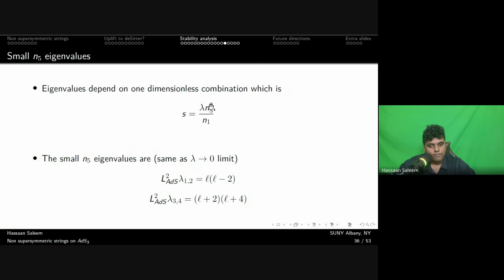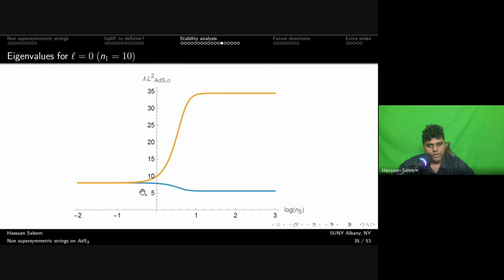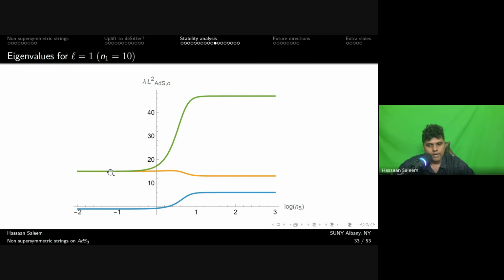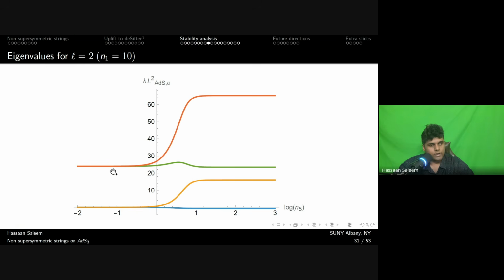So small N5 eigenvalues are the same as the lambda going to 0 limit. And you can easily write down what the eigenvalues are for the tree level solutions. The complication comes from the one loop correction. So if you compare these values with the values that you're getting numerically here, here, and here, you get a perfect agreement.